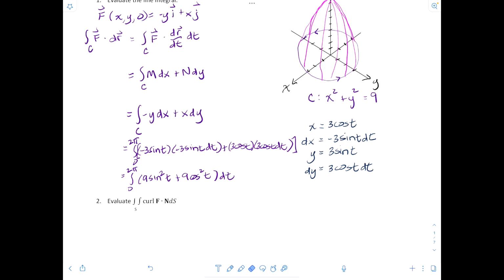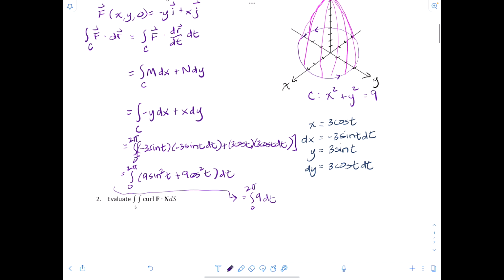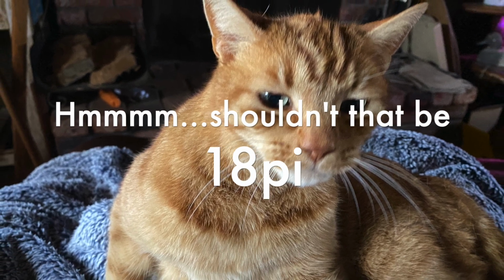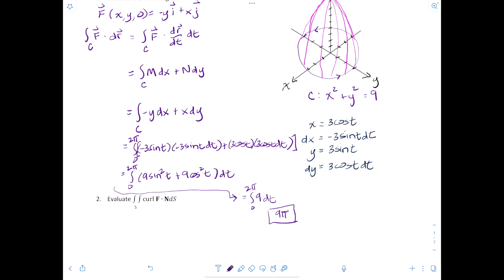And so this will bring us over to the integral from 0 to 2π of 9 dt, which of course will be 18π. Cool so far? Don't worry, there's an evil plan to this.